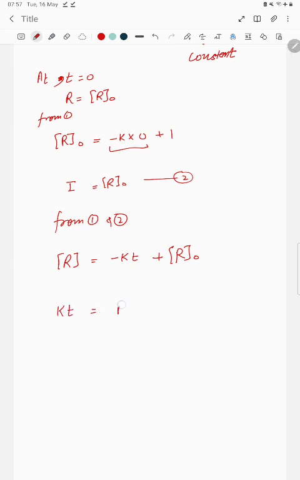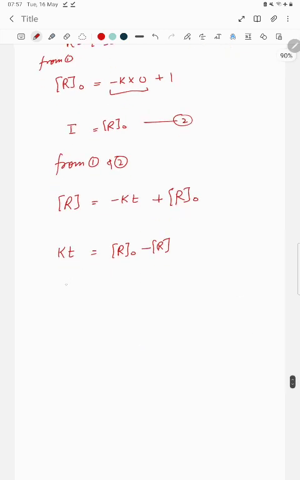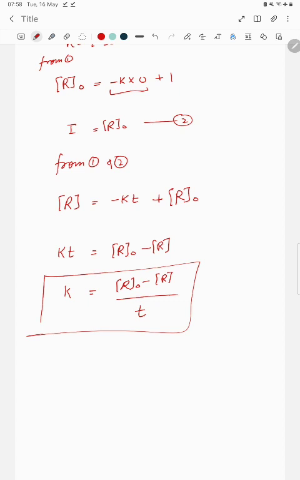So kt is equal to R naught minus R. If you are calculating the rate constant, k is equal to R naught minus R upon t. So this is the equation of the rate constant for zero order reactions.